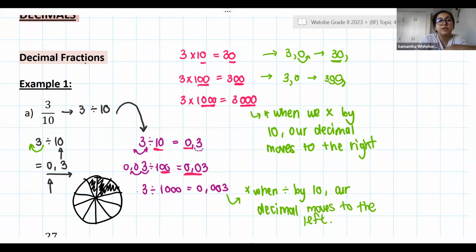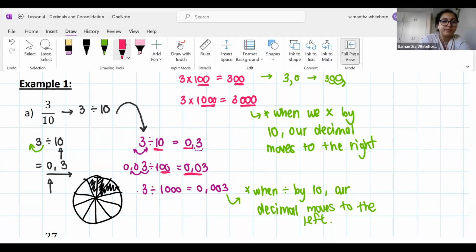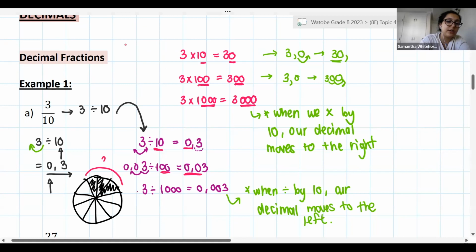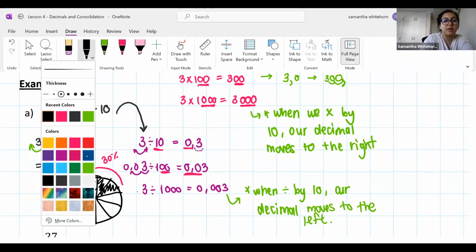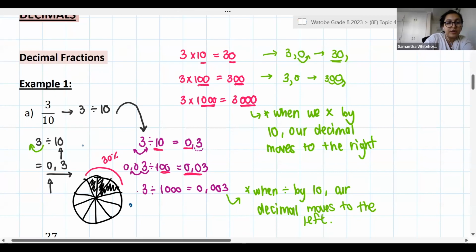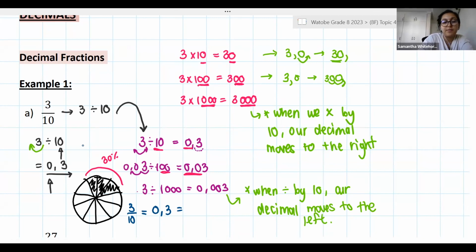If we were to think of this as a percentage, I'm only considering 30% of my pizza. And so what we're actually stating here is that we've got equivalent forms of the same amount. 3 over 10 is the same thing in decimal form as 0,3, which is the same thing in percentage form as 30%.